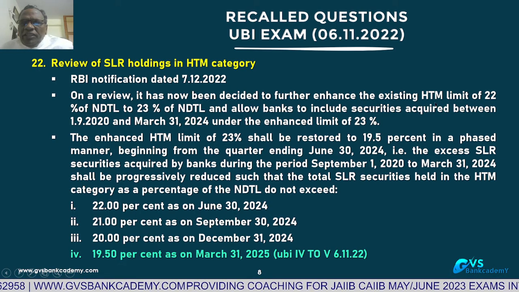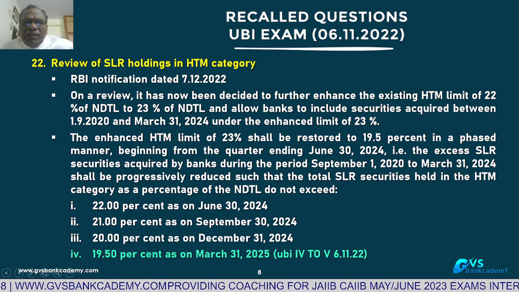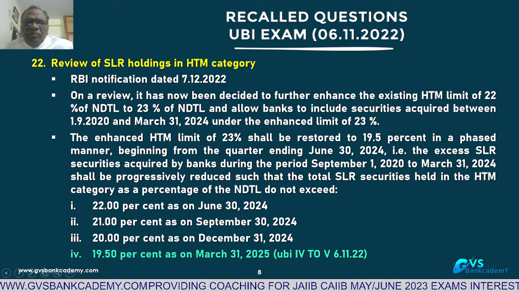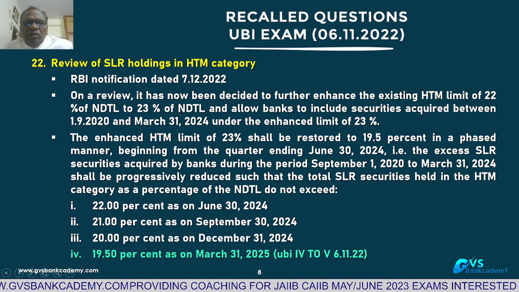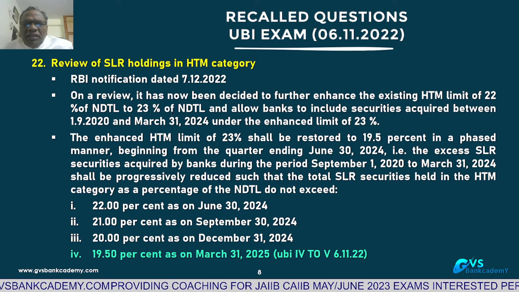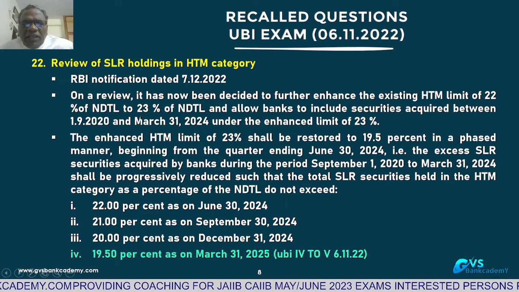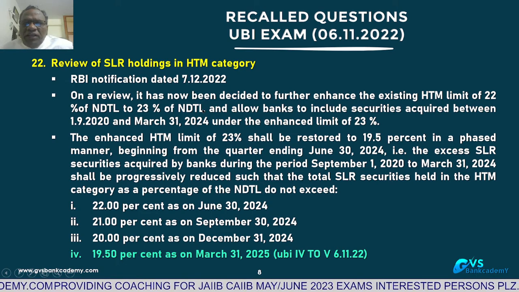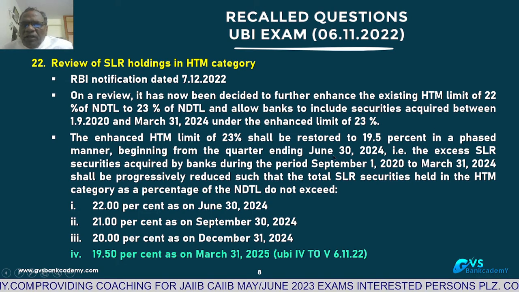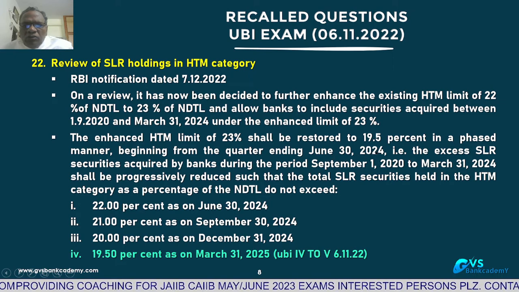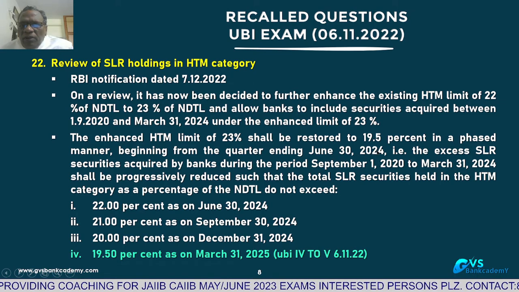The existing HTM limit is 23% of NDTL, which banks are allowed to maintain in HTM category. How long can they maintain 23% of NDTL in HTM? Up to 30th June 2024.